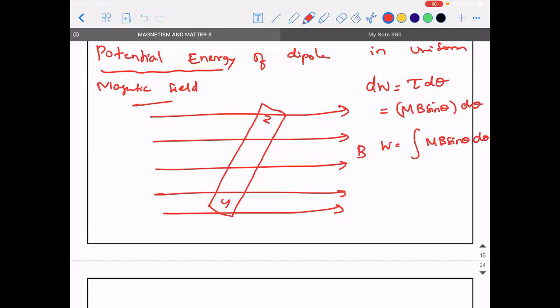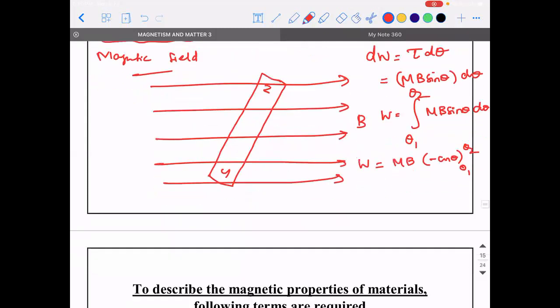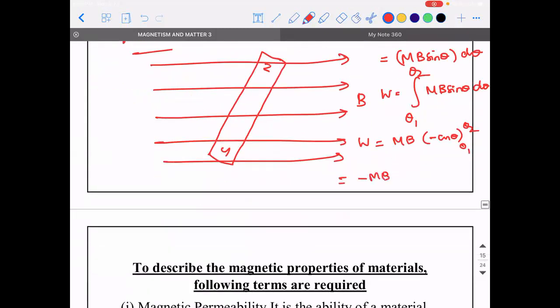Here theta will vary from theta 1 to theta 2. If I take it like this, W will be equal to mB into minus cos theta from theta 1 to theta 2. It is minus mB into cos theta 2 minus cos theta 1. This is going to be the answer.